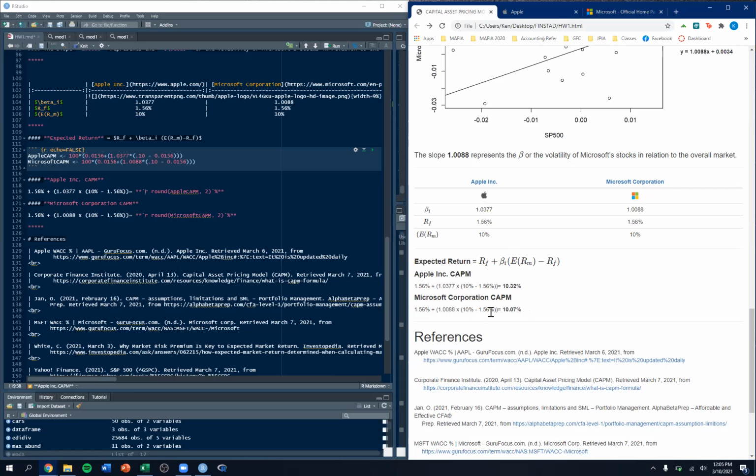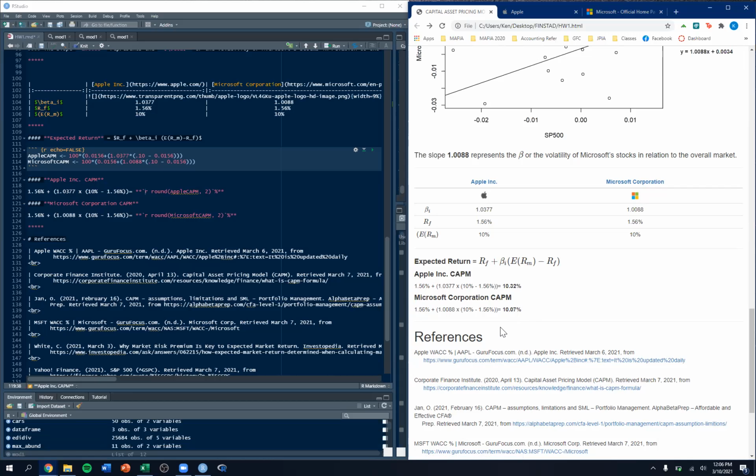Expectedly, Apple's returns are bigger than Microsoft's because the risk we assume is bigger. And the risk, as we said, is a function of the volatility of the returns, as measured by the slope of the plot of Apple and Microsoft as compared to the S&P 500.